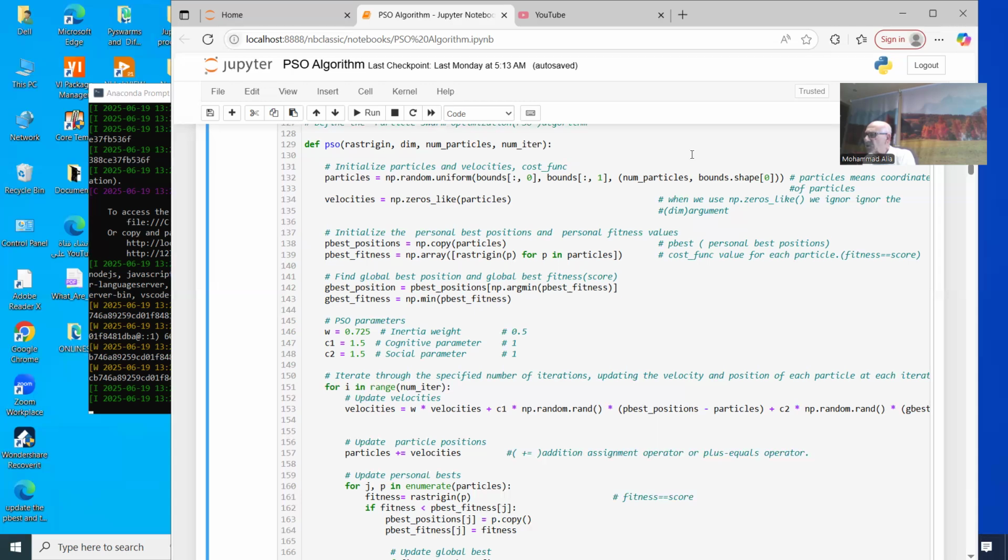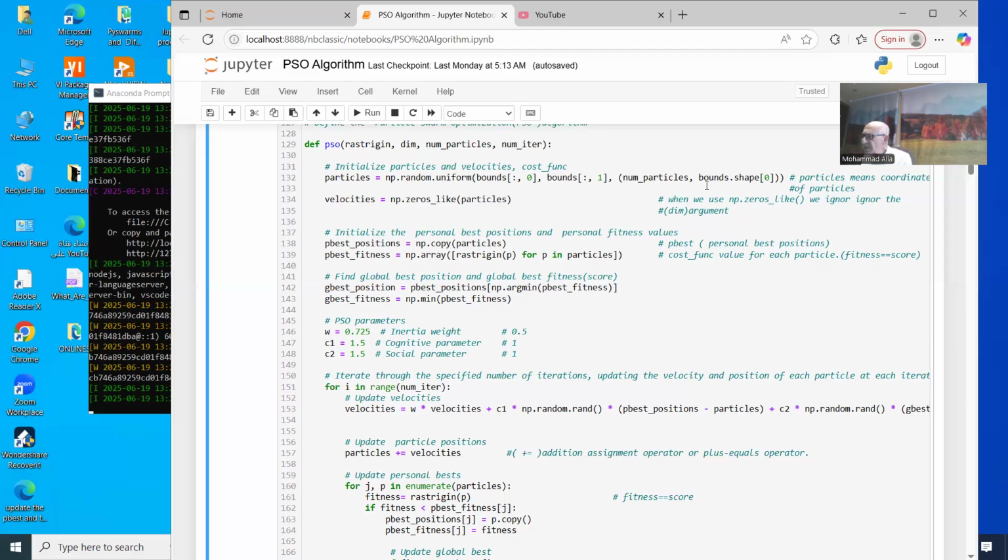And we include here the bounds, the lower limit and the upper limit, which are, of course, consistent with our objective function. And we decide the number of particles and the dimension of the array which is going to be created, which really is 2, which represents the x and y positions of each particle.